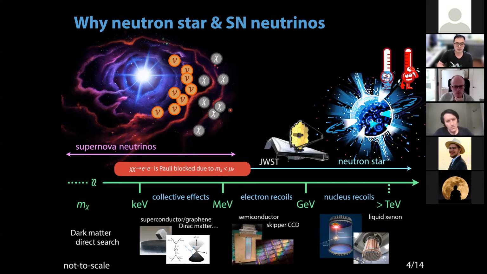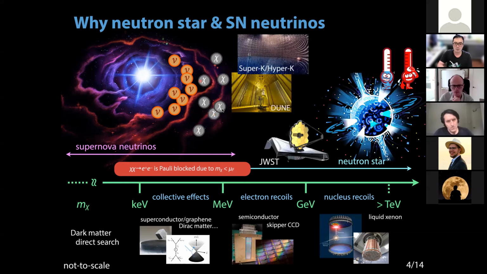So these supernova neutrinos will upscatter the dark matter in the halo. Once the halo dark matter is upscattered, it can be further detected by water Cherenkov detectors on the Earth, and we can make some predictions. So this is why we look for these two targets.